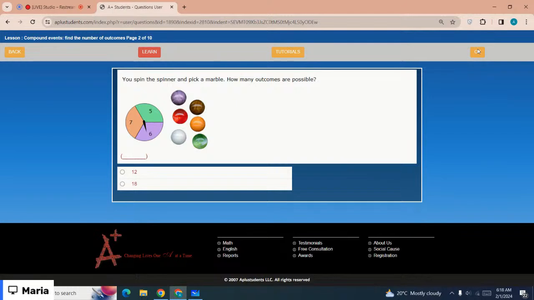So, you have three outcomes for the spinner and six outcomes for the marbles. So, that is 6 times 3. The correct option is 18. So, the total outcomes are 18. The correct option is 18, right?